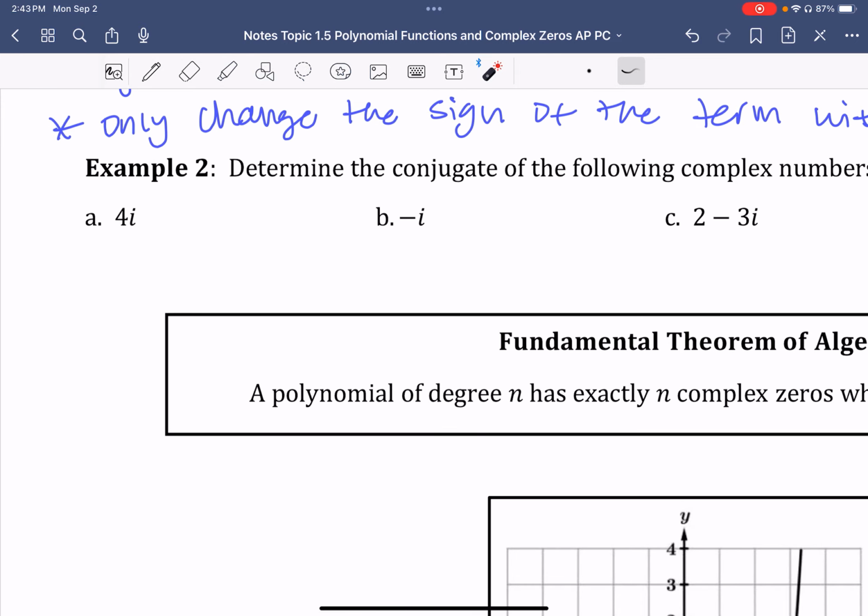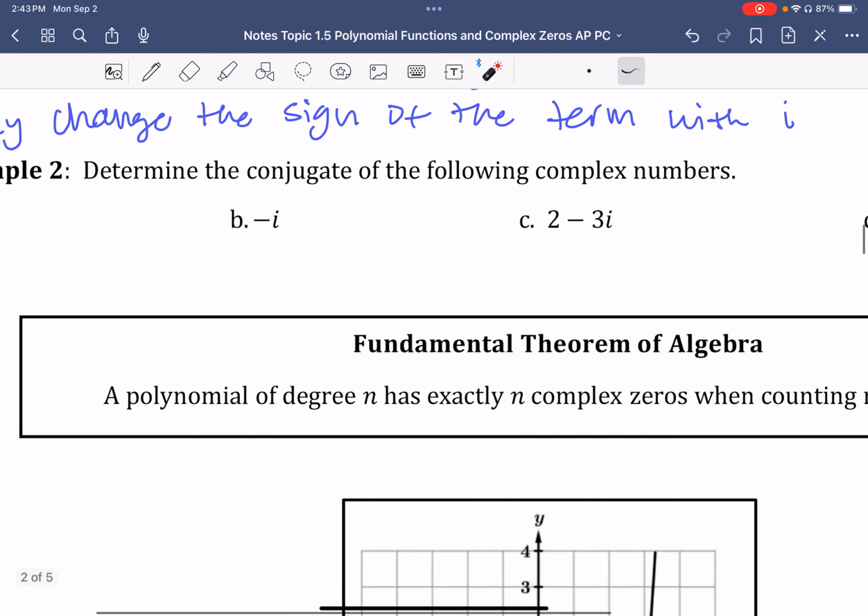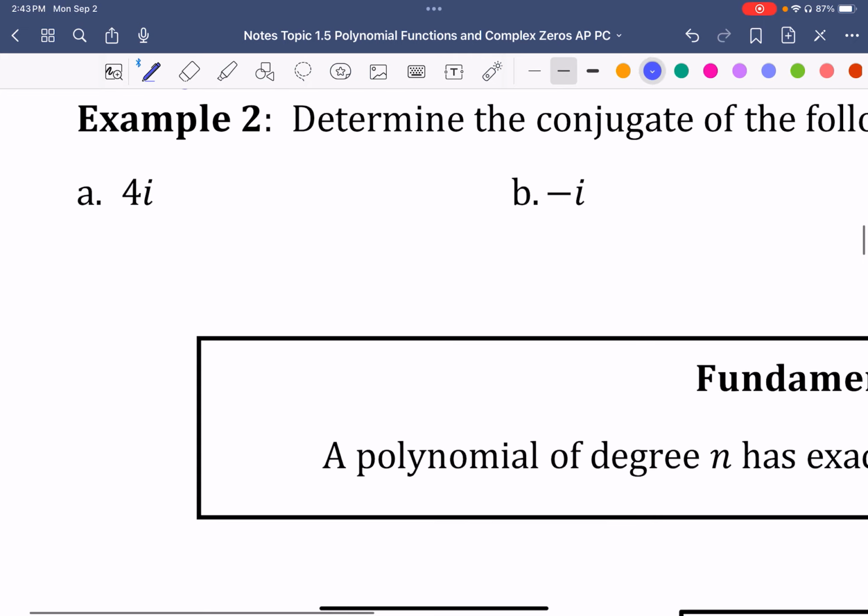We're going to be finding the conjugate pair of the following complex numbers. So for letter a, all we have is 4i. That means that a is not there. So all I'm going to do is change the sign of the part with i. So the conjugate pair would be negative 4i. The conjugate pair of negative i would be positive i.